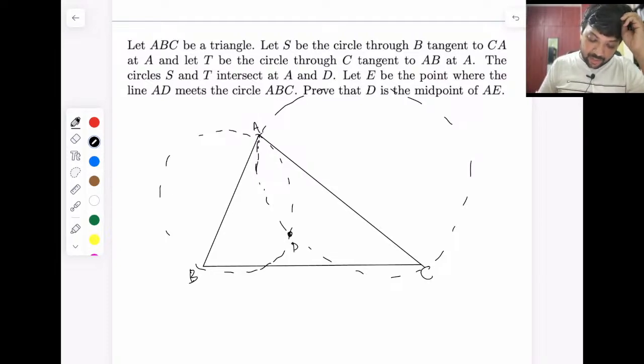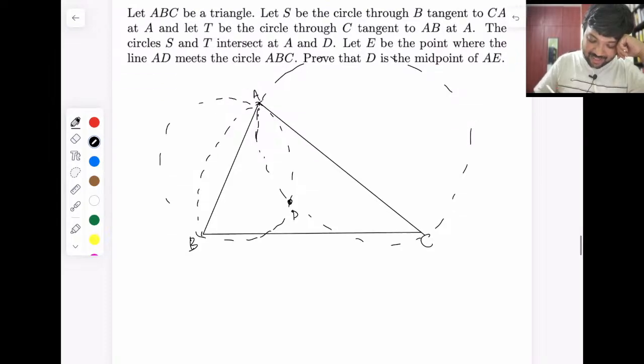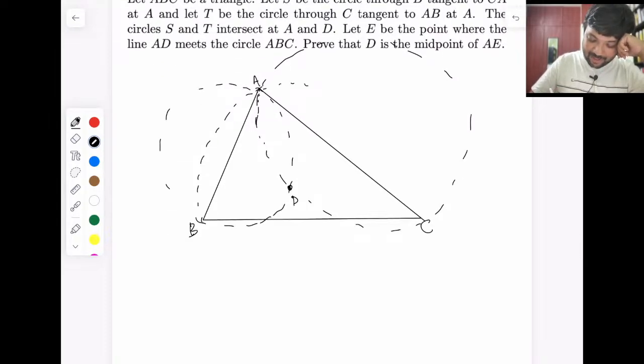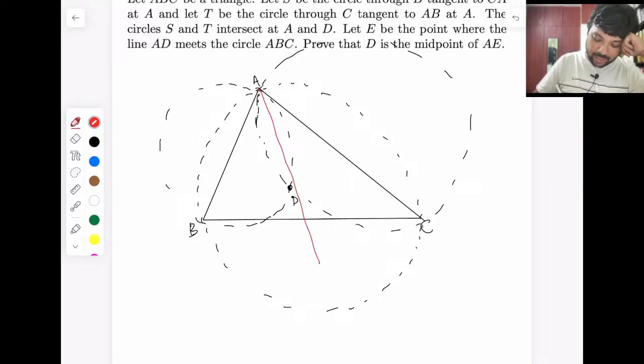Let E be the point where the line AD meets circle ABC. More circles. I think this is some modern BMO problem, not old. I picked randomly. I think I should draw it in GeoGebra. You guys should really draw it with your straight edge and compass, maybe.